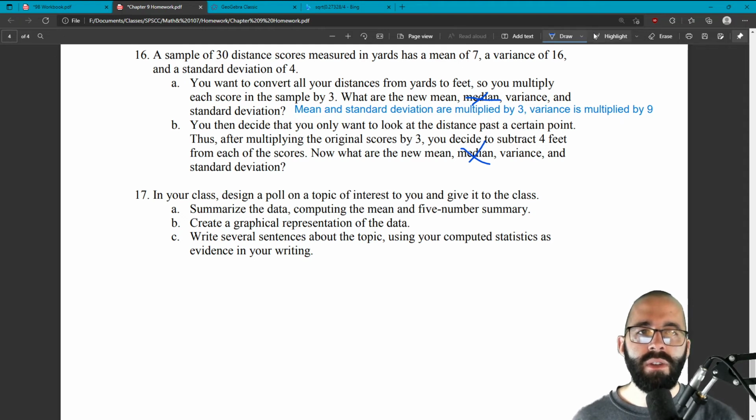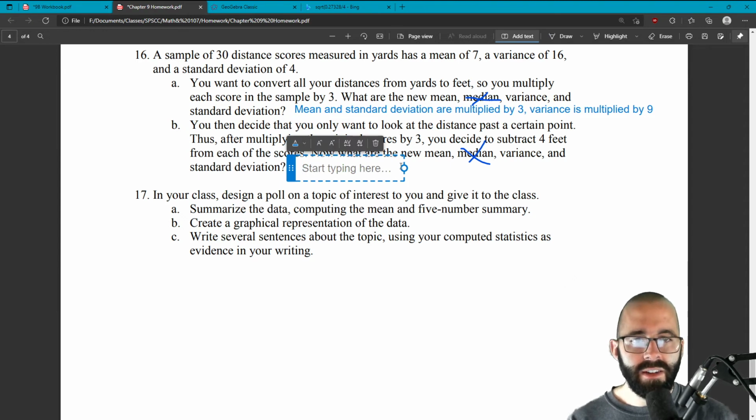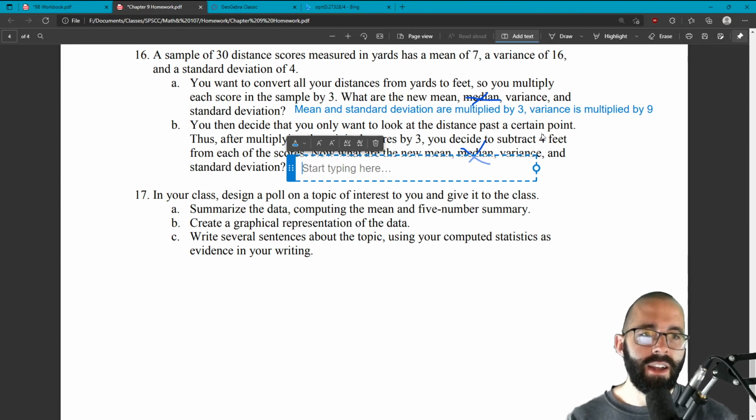Well, you can do a couple examples on your own and see what happens. But the answer is that if all the data values are subtracted by 4, then again, you can do a little factoring trick. And the mean is 4 feet less. But the variance and the standard deviation are the same.